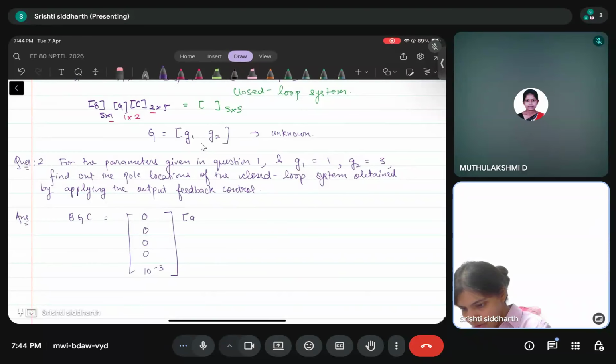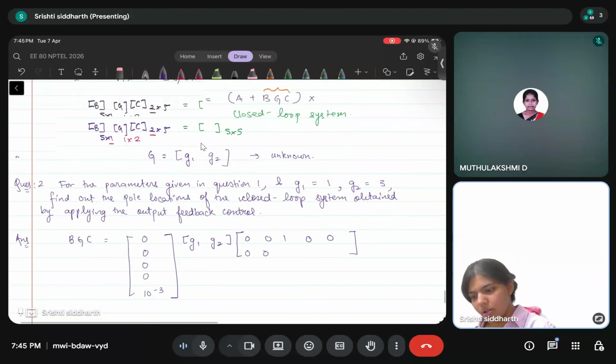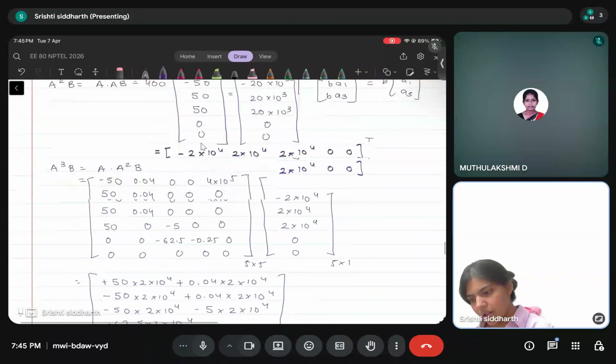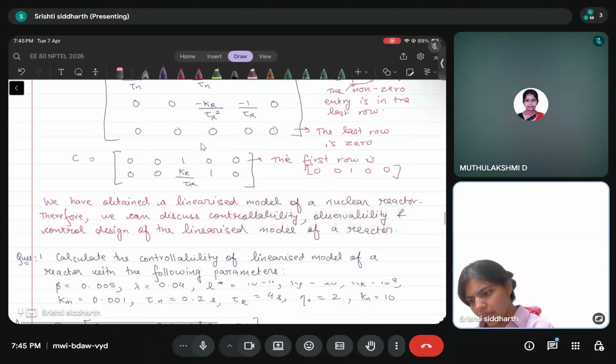Then we have G1, G2 times C. So the first row of C is the first output, and the first output is the third state. This is 0, 0, 1, 0, 0. Then we have 0, 0. There's a non-zero entry here, which is omega r over tau r. We have already, yeah, this is 250.